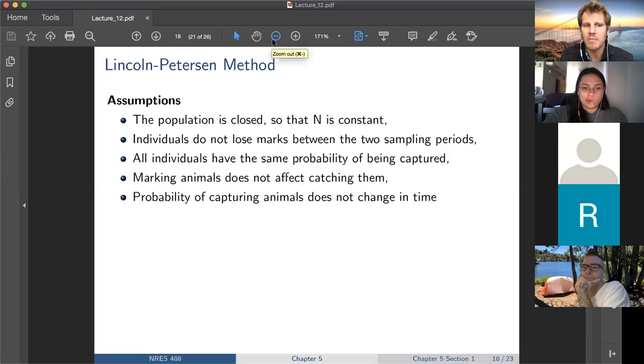So you're going to want to make your marks, your releases, and your recaptures fairly close together. You're going to want to design your survey so that you meet these assumptions. If you know what population you're trying to estimate the abundance of, and you know something about how that population moves around in time, you're going to want to develop your survey so that it meets these assumptions.